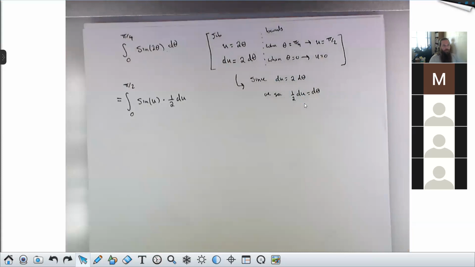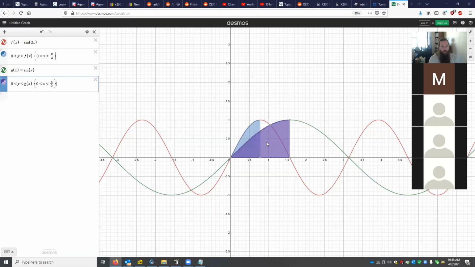So in the past, when I was harping on you guys to write your differentials at the end of the integrals, I said, don't forget writing dx, always write this thing, even though it matters. I'll tell you why it matters later. This is why it matters. If you want to think about this as widths of rectangles, the idea is as you go from one coordinate system to the other, the rectangles all get chopped in half as far as their width is concerned.